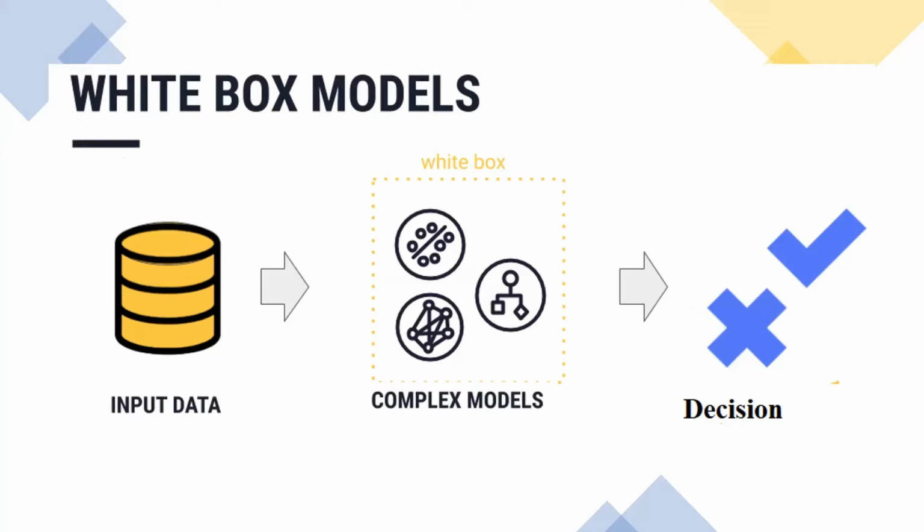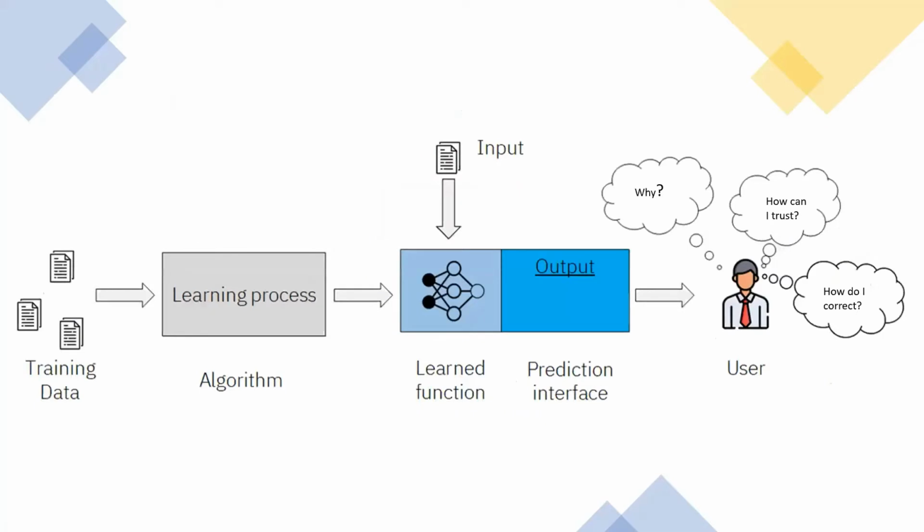For example, my input image is a dog and my final decision is also a dog, then my transparent model or white box model should tell me why the decision has been made, for what reasons, what features have been considered. Such questions will be answered by the white box model. So this is also called explainable machine learning.